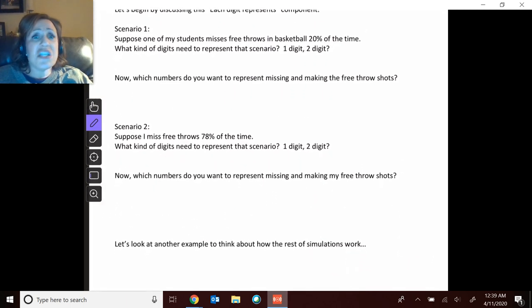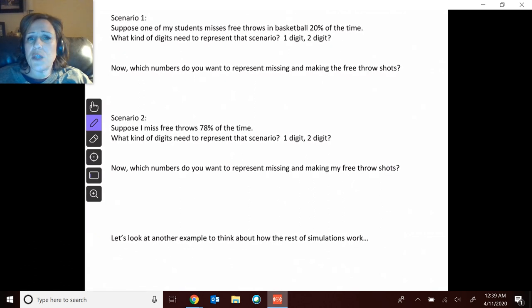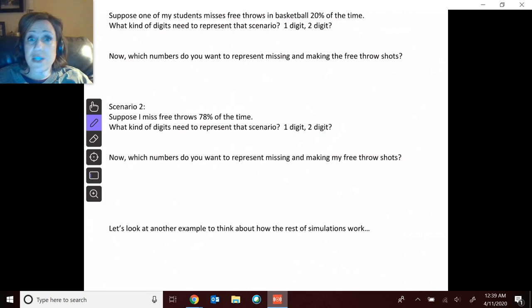So let's suppose one of my students misses free throws in basketball just 20% of the time. Some of my basketball guys just miss it 20% of the time. So how could we use digits to represent proportions or percentages such as 20%? Keep in mind we could do like 10%, 20%, 30%, 40%.